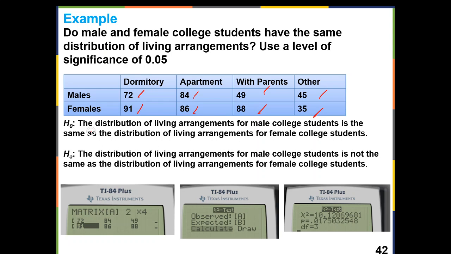Okay, so again, the null hypothesis was that the distribution of living arrangements for male college students is the same as the distribution for female students, and the alternative hypothesis says the distribution of living arrangements for male college students is not the same, right?